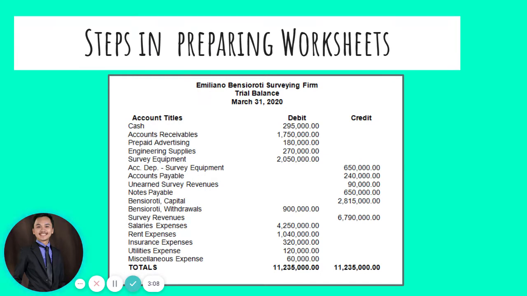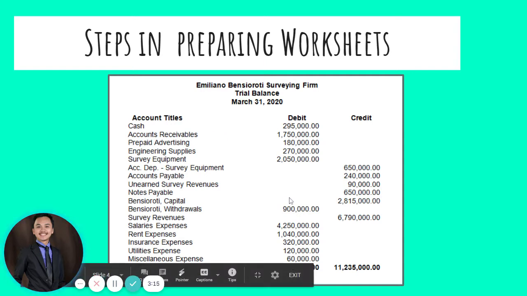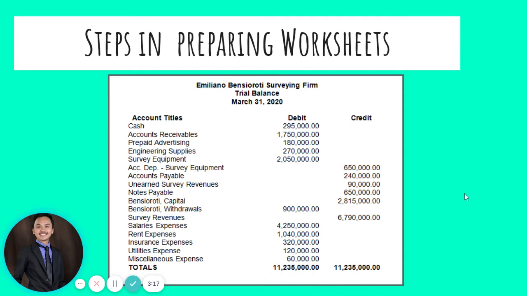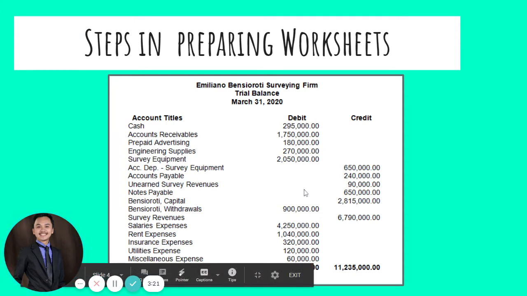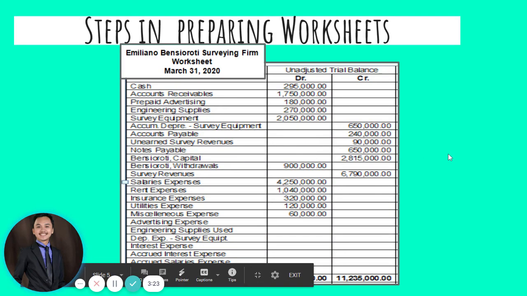Again, the first step is simply to copy all of these items into the first 2 columns of our 10-column worksheet. If it's on the debit side, we also put it on the debit side. If it's on the credit side, we also put it on the credit side.